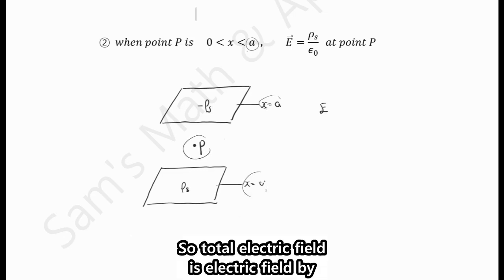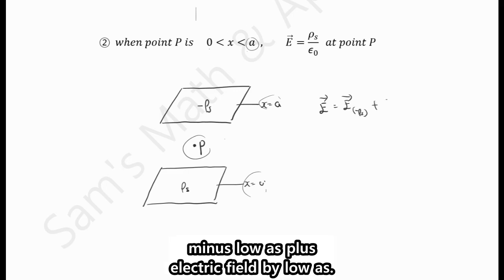So the total electric field is the electric field by minus rho s plus the electric field by rho s.